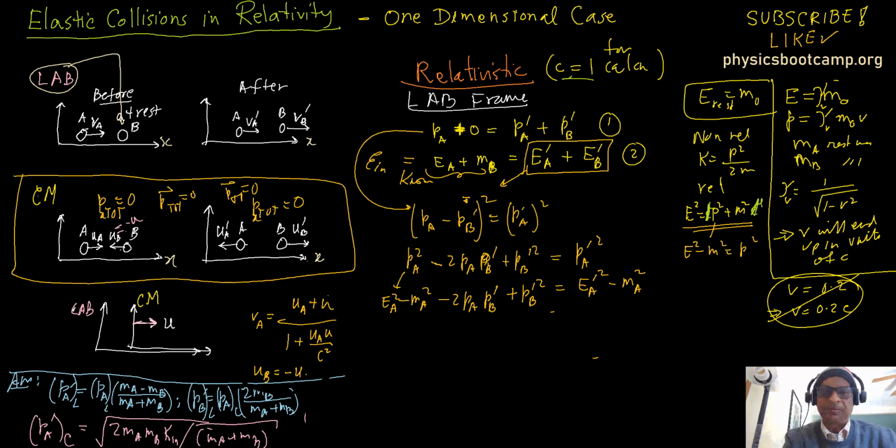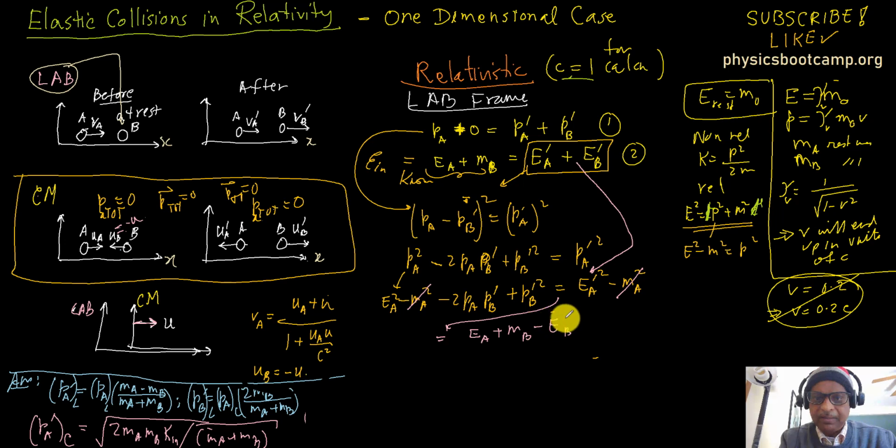Now we see that this M_A squared cancels from both sides. We want to use this to eliminate the right-hand side, which is going to be (E_A plus M_B minus E_B prime) squared.